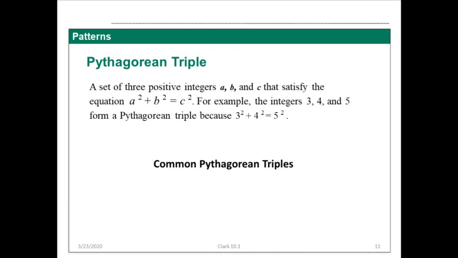If that is the case, then those integers 3, 4, and 5 form a Pythagorean triple. What are other examples of Pythagorean triples? You could have 6, 8, 10; 5, 12, and 13; 7, 24, and 25 form a Pythagorean triple.